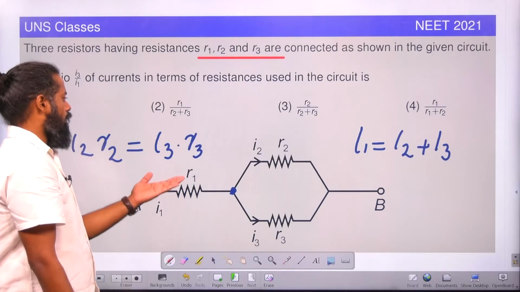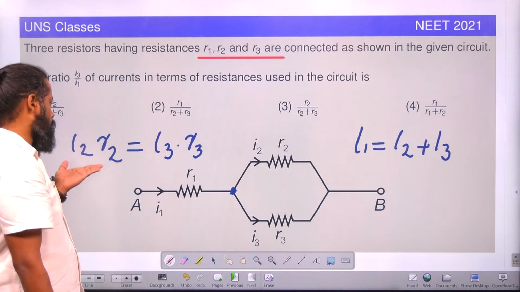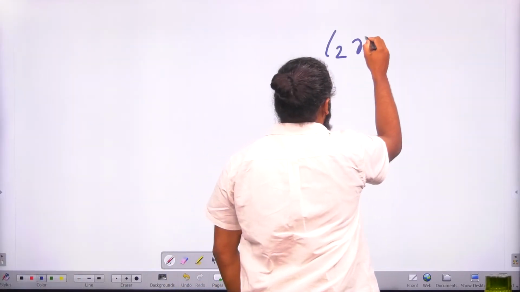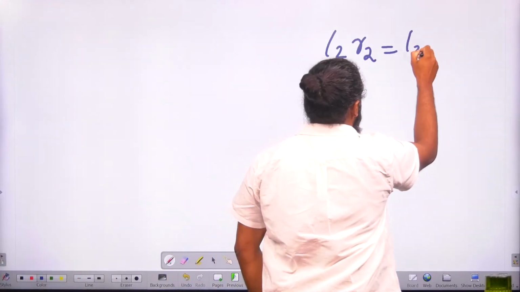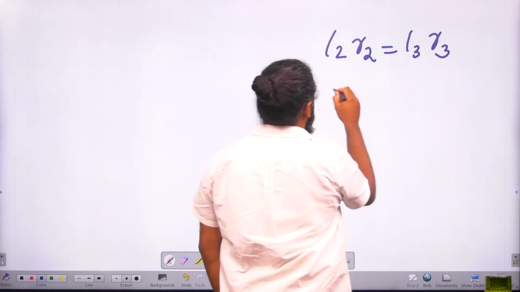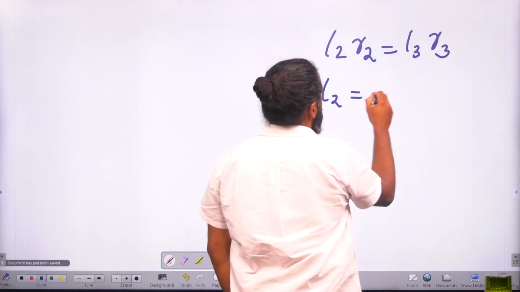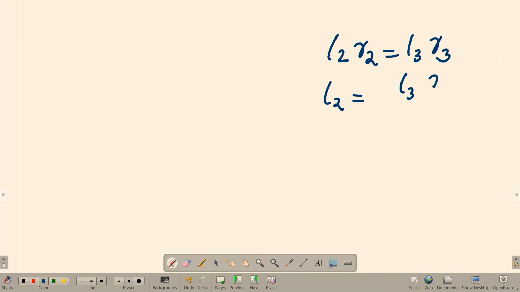From here we can isolate the value of I2. I2 R2 is equal to I3 R3. Let us isolate I2. I2 is going to be equal to I3 multiplied by R3 divided by R2. We already know that I1 is equal to I2 plus I3.